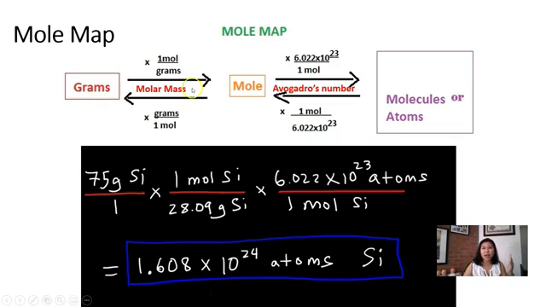In order to go from grams to molecules, this is the starting point, to this is the destination. It's a two-step process. You have to go through two arrows, okay? So you cannot just jump right ahead from grams to atoms by just one conversion factor. You have to go through two steps. You're going to need two pieces of information, the molar mass and the Avogadro's number.